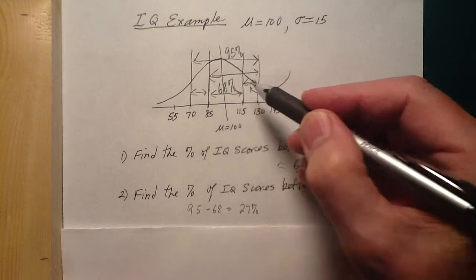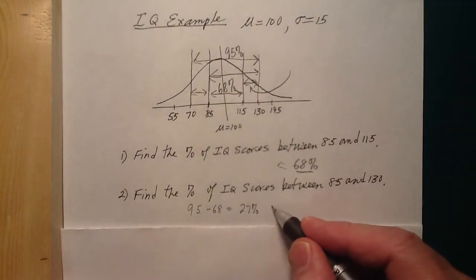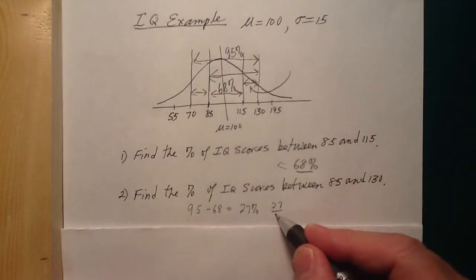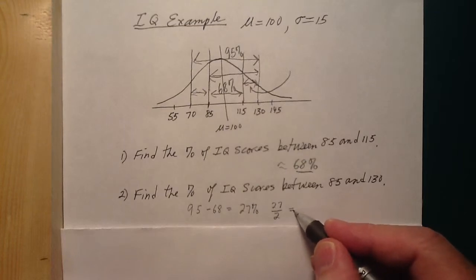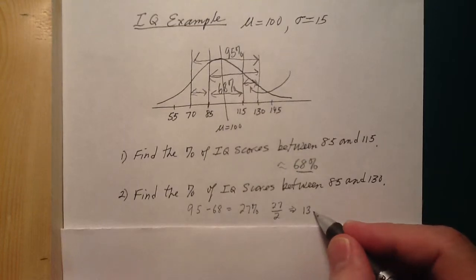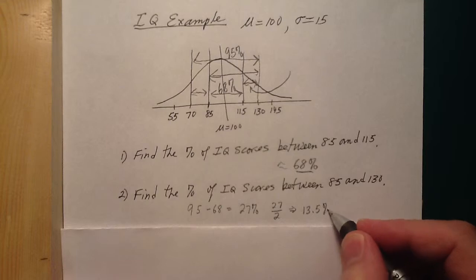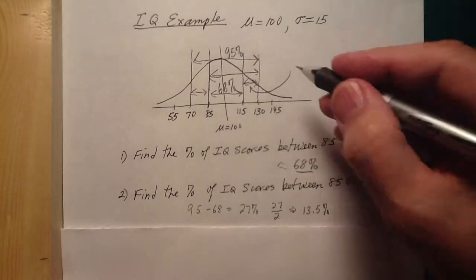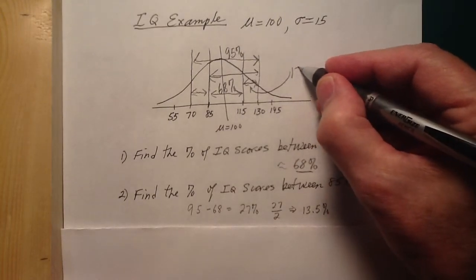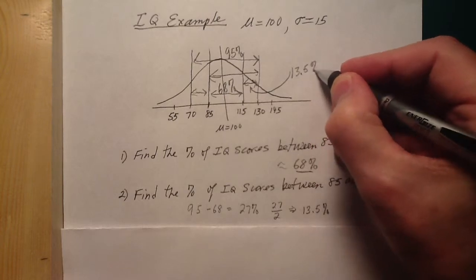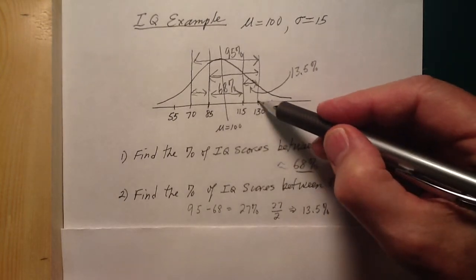So we need to take 27 divided by 2, and that would give us 13.5%, and that represents the percent of the data values that would be between 115 and 130.